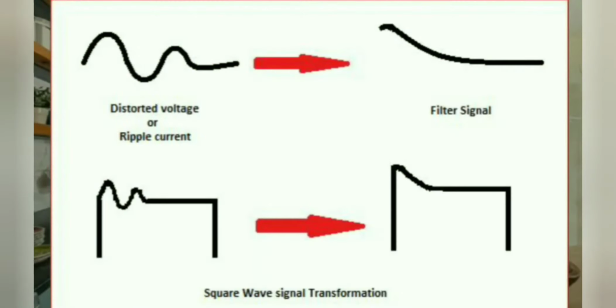One more important thing about this capacitor is it can capture the distorted voltage or ripple current and filter it to this form. So when the square wave signals contain distorted high voltage, at that time this capacitor stores that high voltage and gets charged up, and then the filtered signal comes out like this.